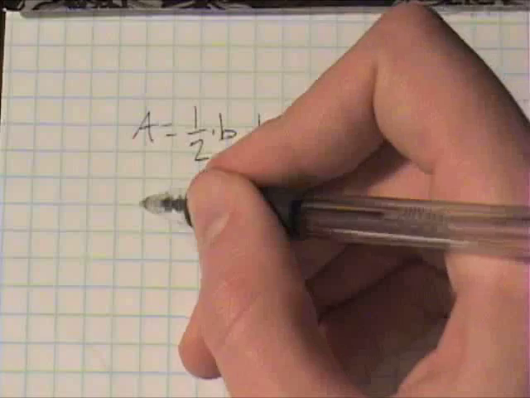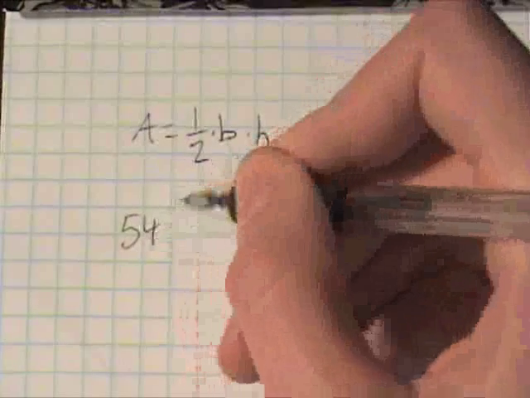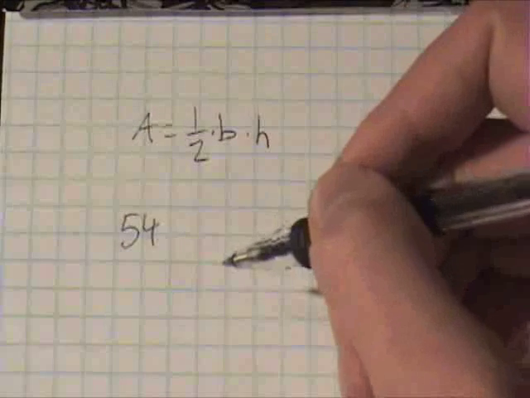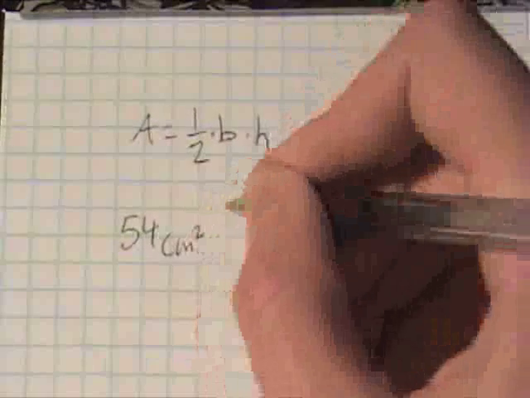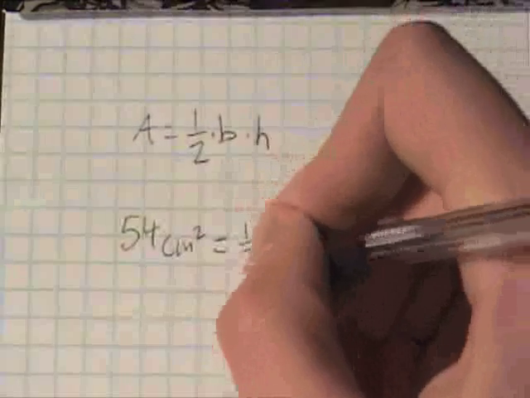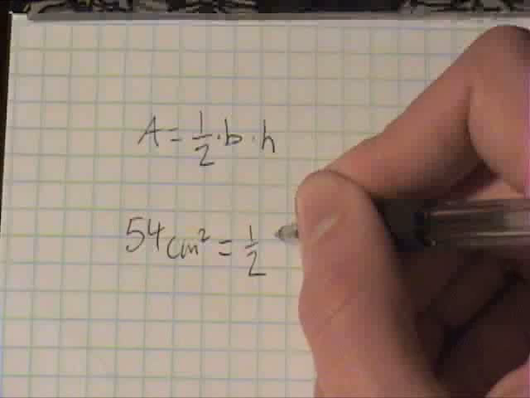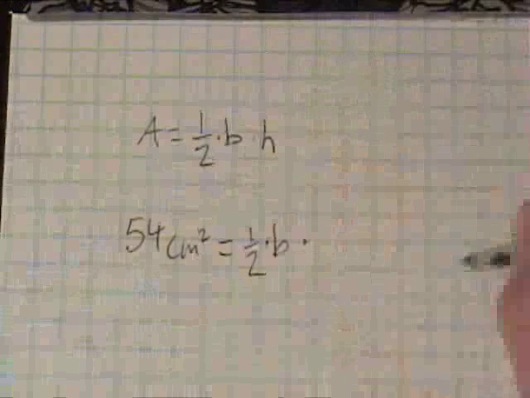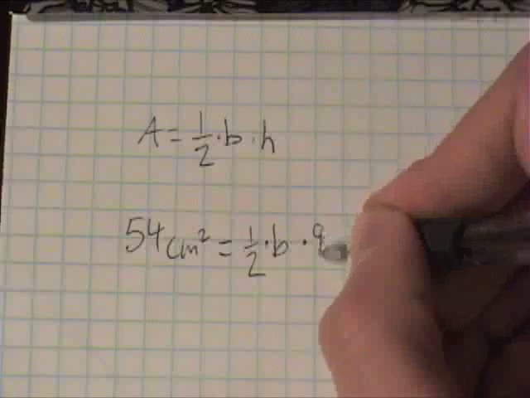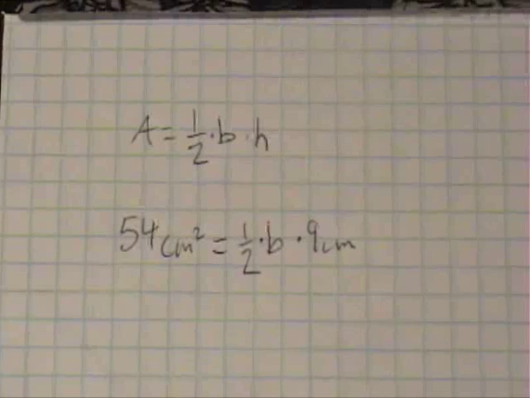So 54 goes in here. This is a really easy one. We just have to plug this stuff in. Nothing too fancy here. So 54 centimeters squared equals 1/2 base, which we don't know, and we do know the altitude, which is 9 centimeters.